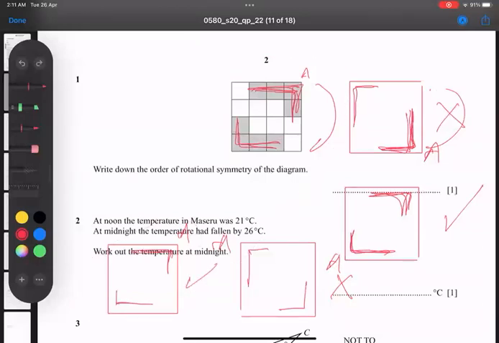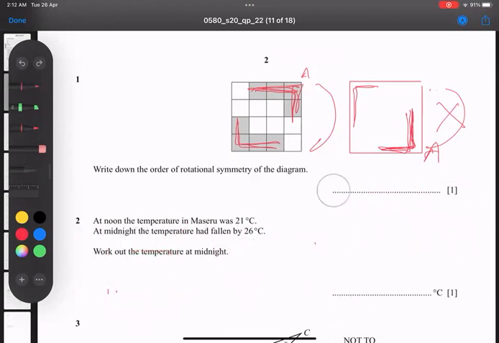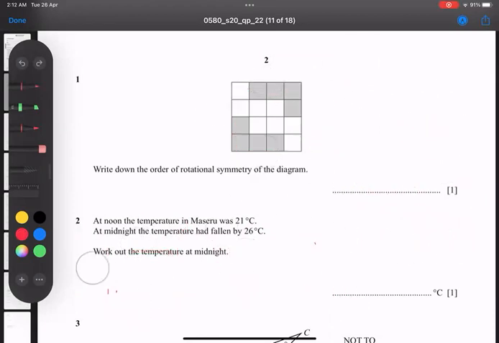So it means out of these 4 rotations, 2 times it looks the same. I hope you got the definition of rotational symmetry, and this means it has an order of rotational symmetry of 2. And let's go for the next part.